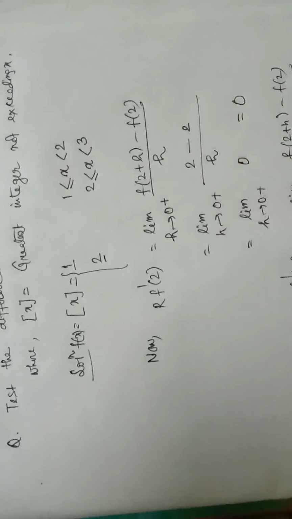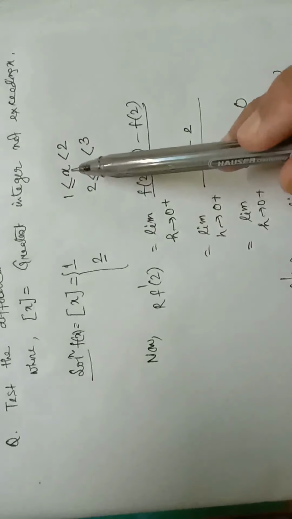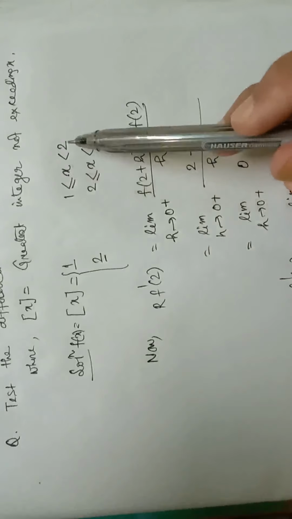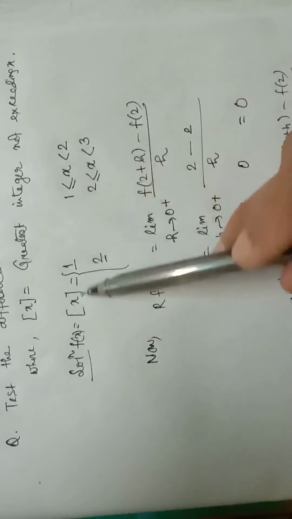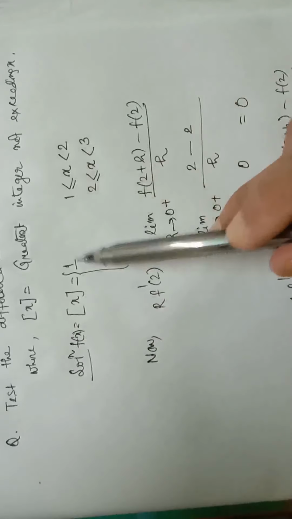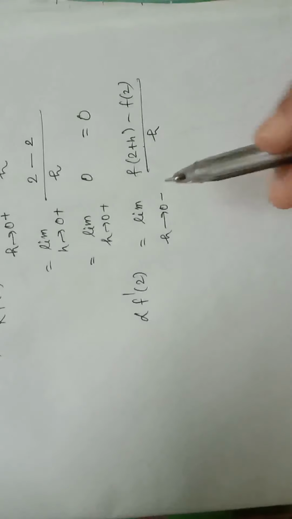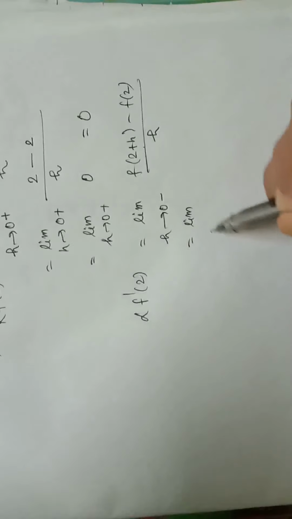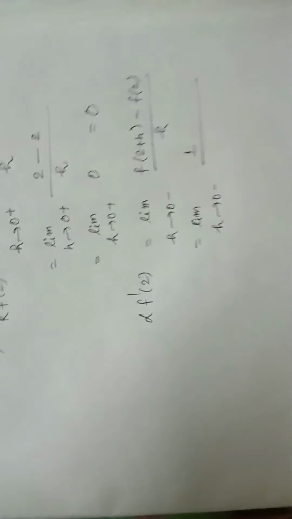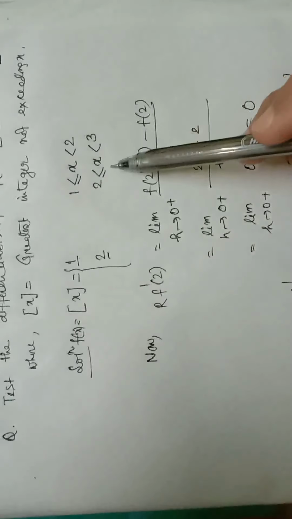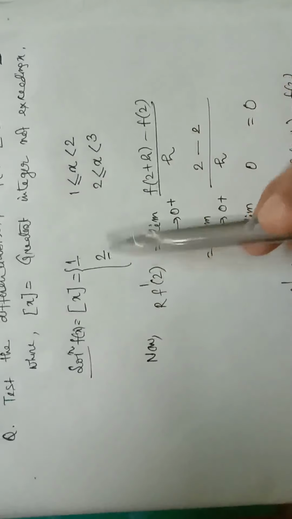As 2 plus h is less than 2, f of 2 plus h is equal to 1. So limit h tends to 0 minus, this will be 1. F of 2 will be 2, since the sign is here.